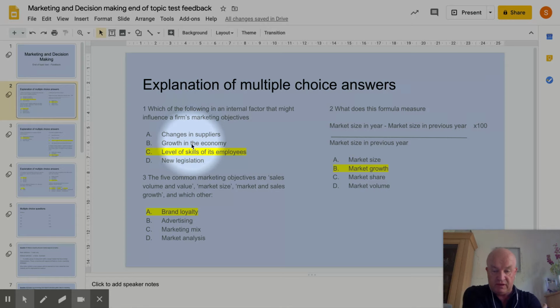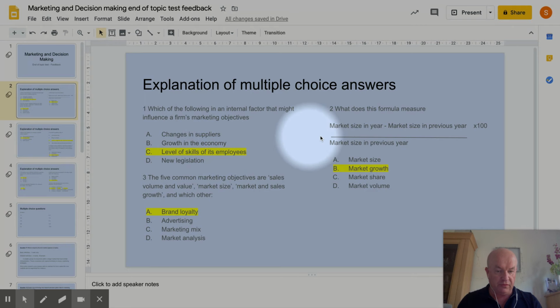It's an external factor. And new legislation is also an external factor to the business. So the only one that's an internal factor would be the level of skills of the employees involved. That would clearly have an impact or an influence on the firm's marketing objectives. So for question 1, it is answer C.